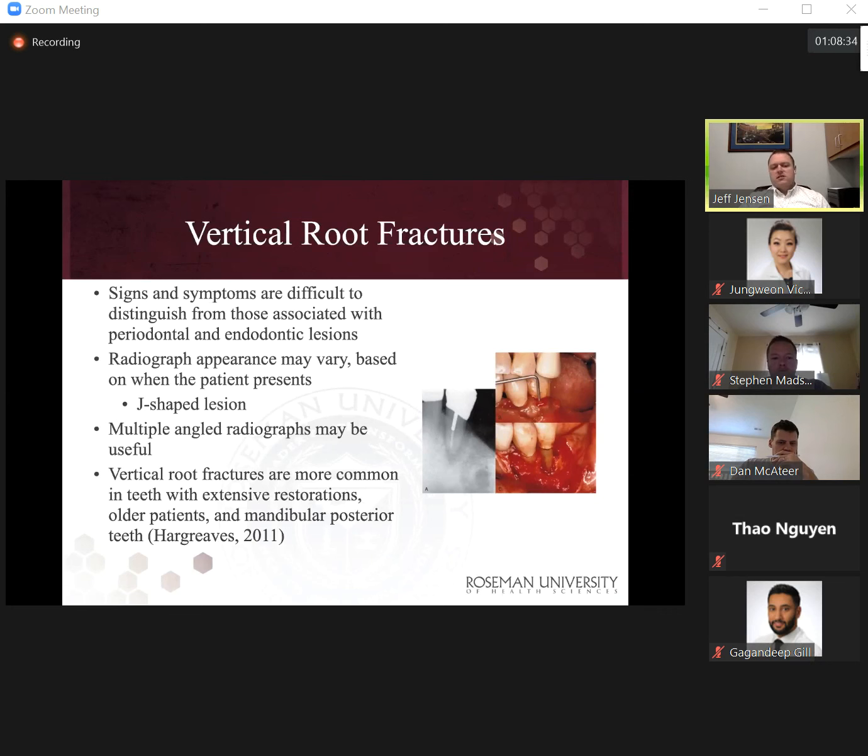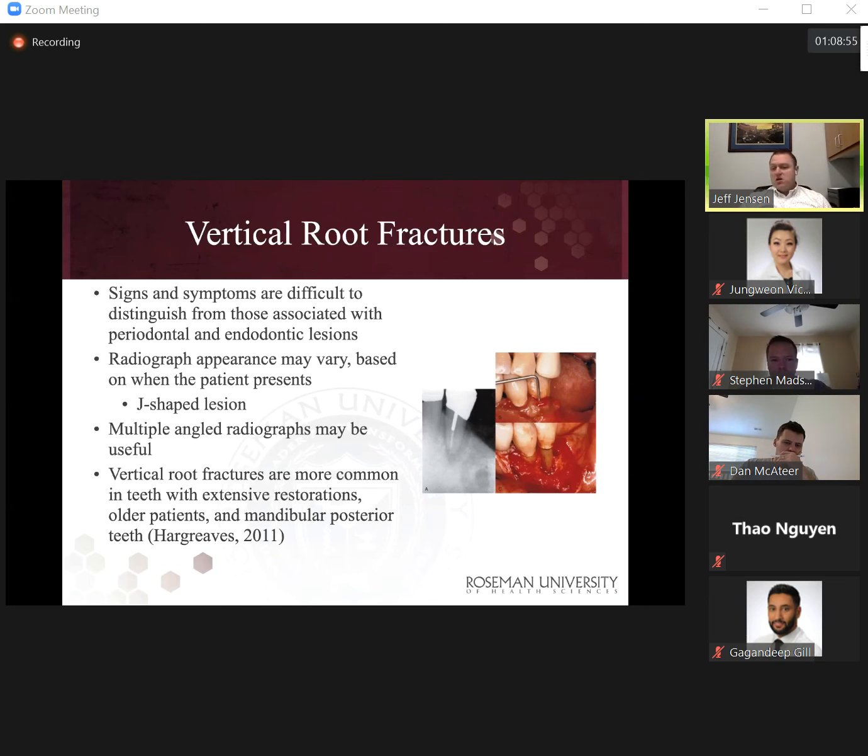Older patients, so that typically just means they've probably had more stress on the teeth. Not necessarily when you turn 70 you're going to start cracking teeth, but over time they've had longer stress, longer function. And mandibular posterior teeth seem to be more common with this.